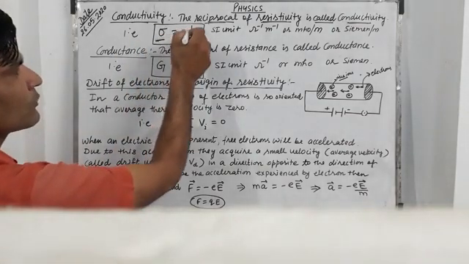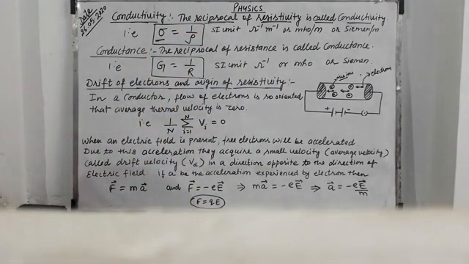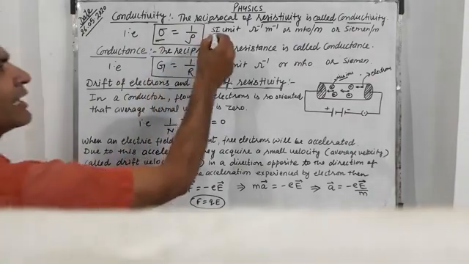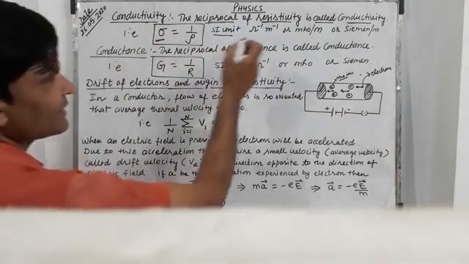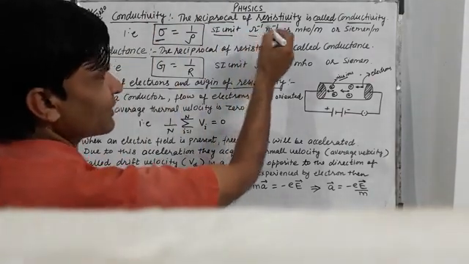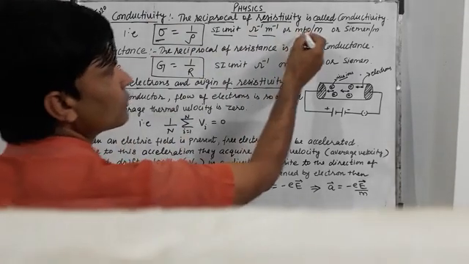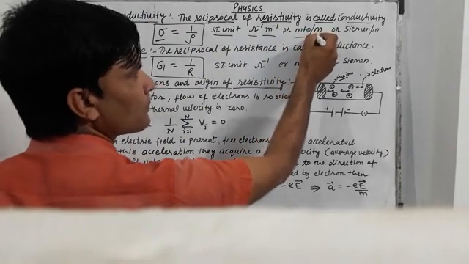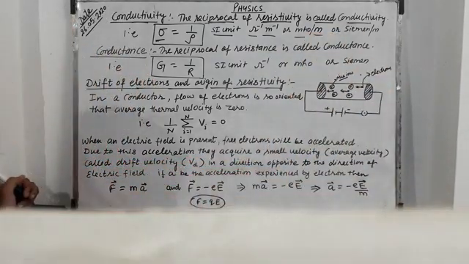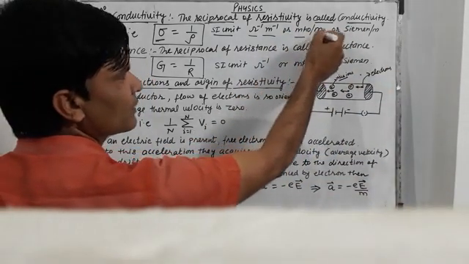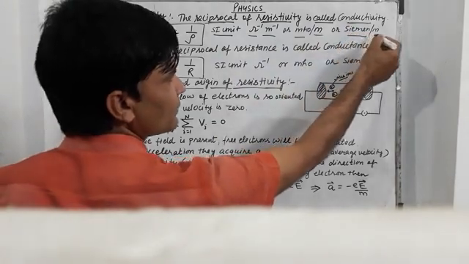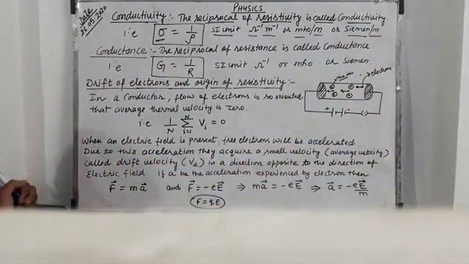So, sigma is equal to 1 upon rho. The SI unit of conductivity is per ohm per meter. This is also known as mho per meter, or Siemens per meter.